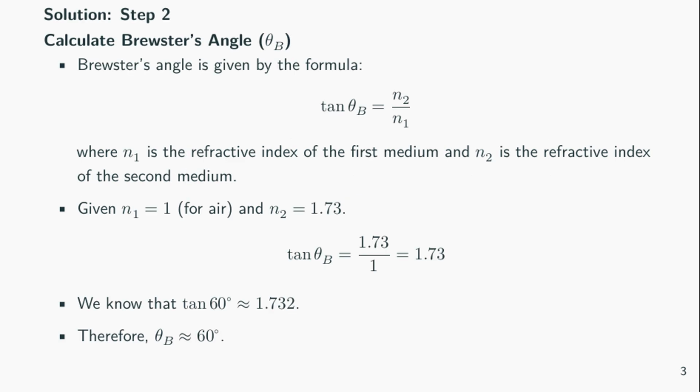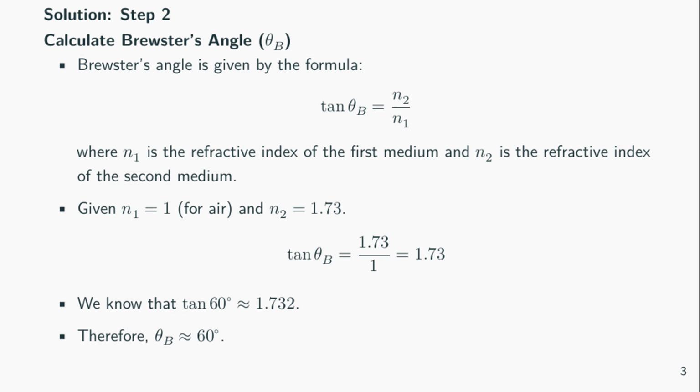So how do we find this Brewster's angle? Well, there's a straightforward formula for that. Brewster's angle theta b is related to the refractive indices of the two materials. The formula tells us that the tangent of theta b is equal to the ratio of the refractive index of the second medium, n2, divided by the refractive index of the first medium, n1. In our problem, the light starts in air, so n1 is 1.